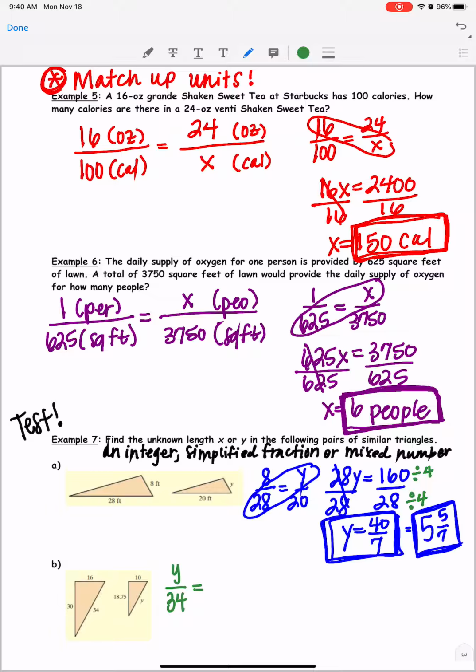So because I went from small triangle to big triangle, you have to go back small to big. So it doesn't matter what other number you use. If you go with 18.75, then that would have to be over 30. But I'm sure you guys would prefer not to go with decimals. So we're going to then go 10 over 16.